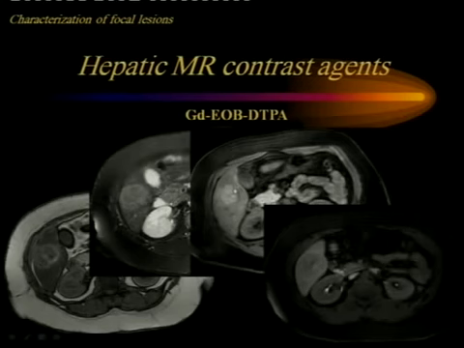After the administration of the contrast agent, in the dynamic phase, you can still demonstrate the hypervascularization or the arterial hyperenhancement in this lesion, but then on the hepatobiliary phase there is some decrease in signal intensity within this lesion, which is characteristic of adenomas. Because of the absence of biliary tracts within the lesion, this can be helpful in distinguishing this from focal nodular hyperplasia, which tends to retain the contrast on the delayed scan.